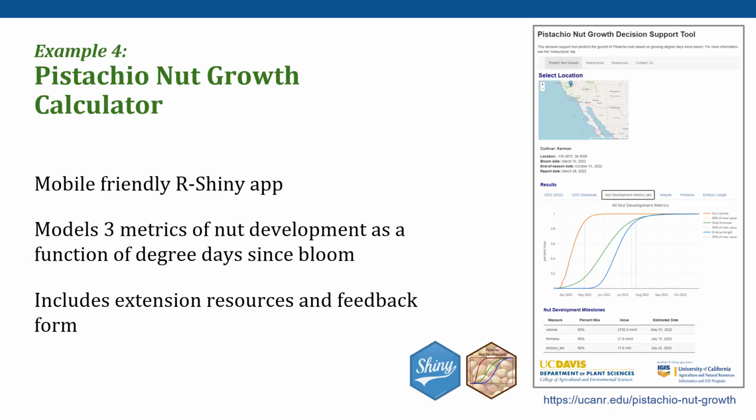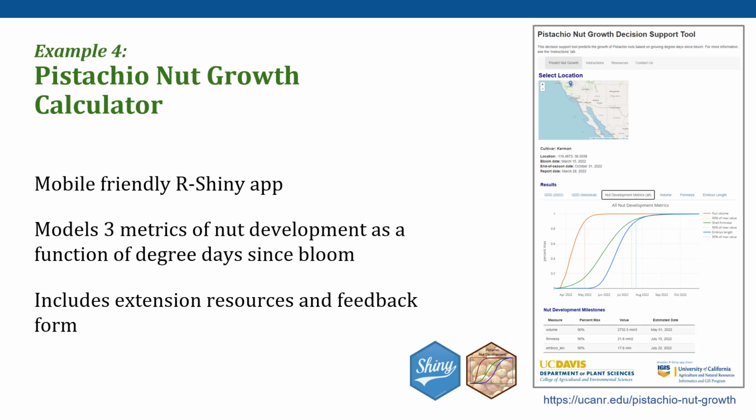The pistachio nut growth calculator, also built with Shiny, uses a regression model under the hood to forecast 3 properties of nut development: nut volume, shell hardness, and embryo length.